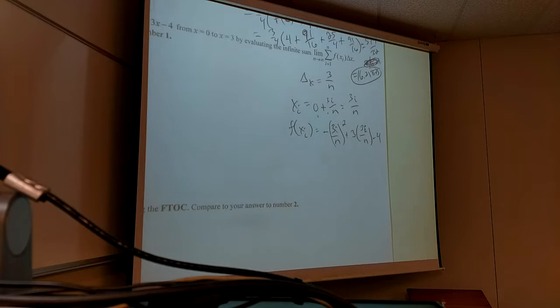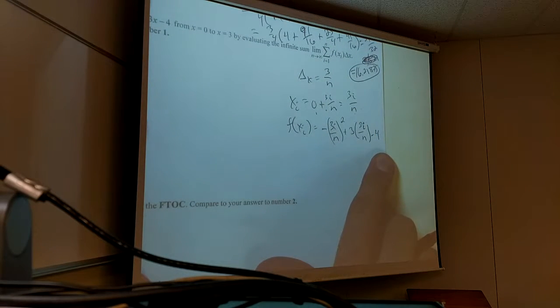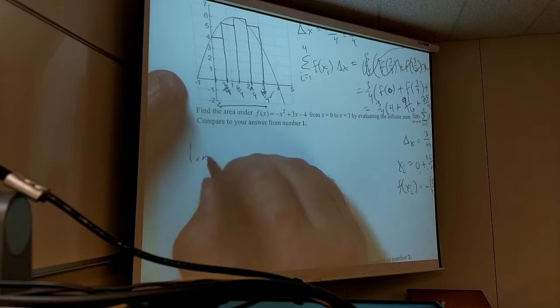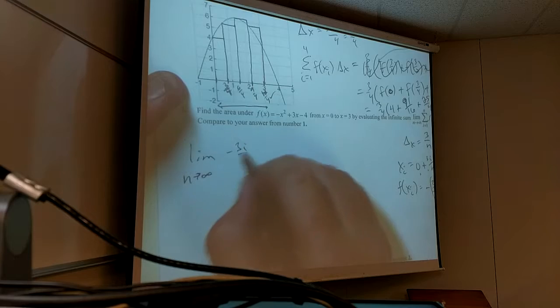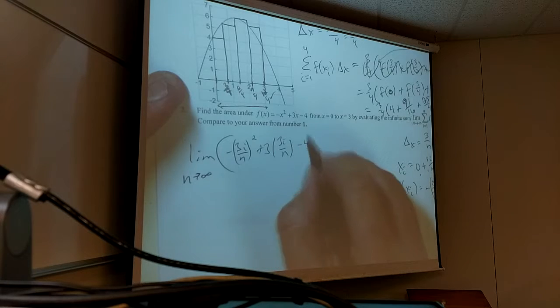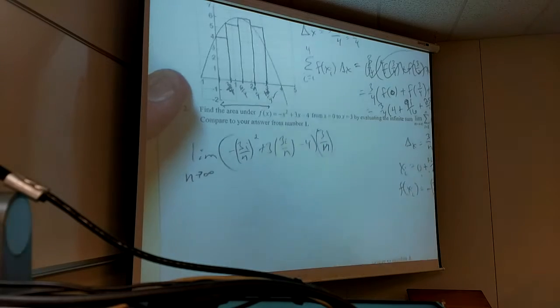You take the first number plus i times the width, because that's how many widths you're going to add to get to that xi. And then f evaluated at xi, just take what you got and plug it in. Now you can piece this together: the limit as n goes to infinity of negative 3i over n squared plus 3 times 3i over n minus 4, all times 3 over n. There you go.